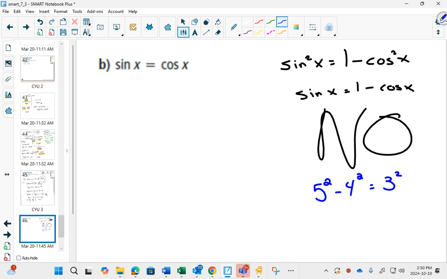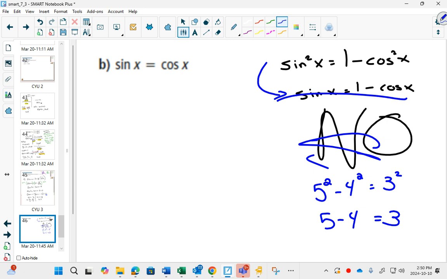This is a true statement. Watch what happens if I square root both sides. Right? It's obvious this is bad here, right? But sometimes it's not obvious that it's bad. And our brain goes, oh, good idea, I should do this. No, bad idea.